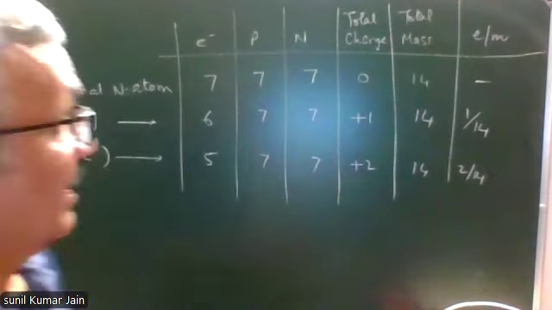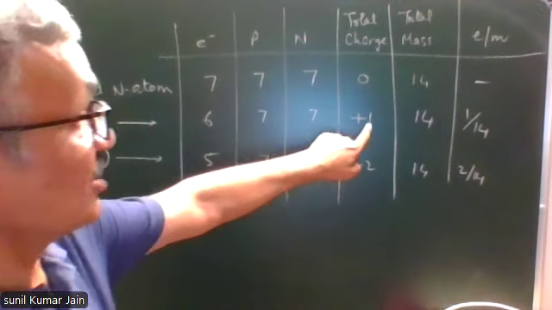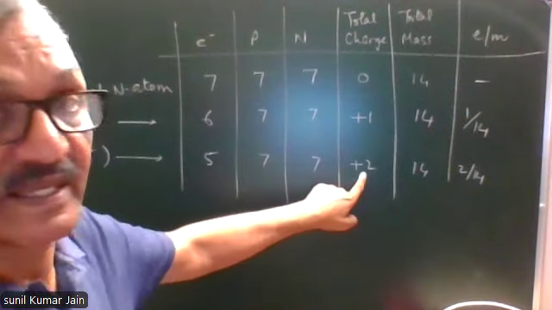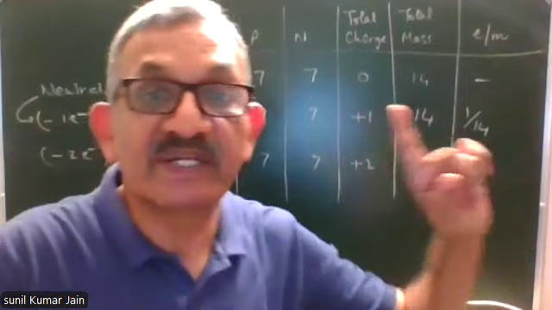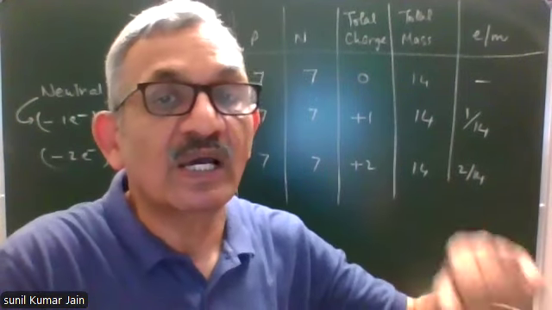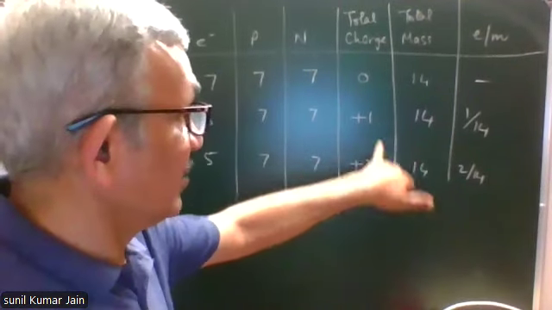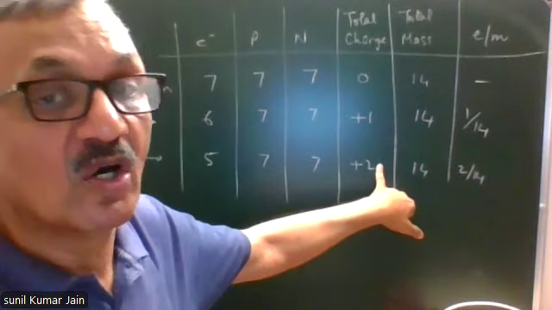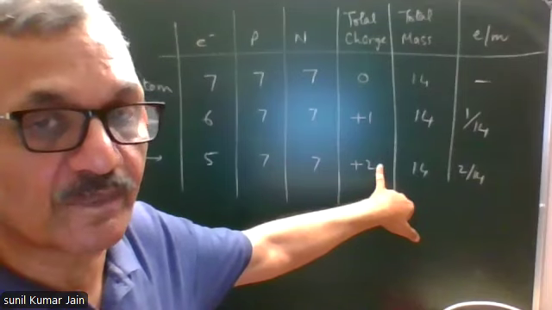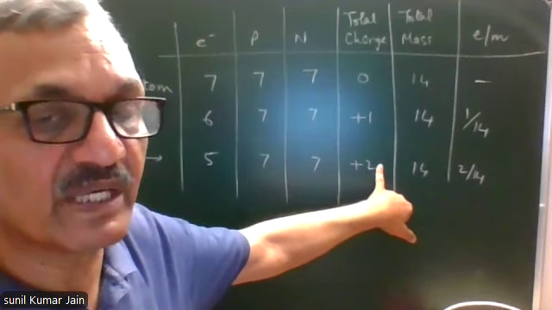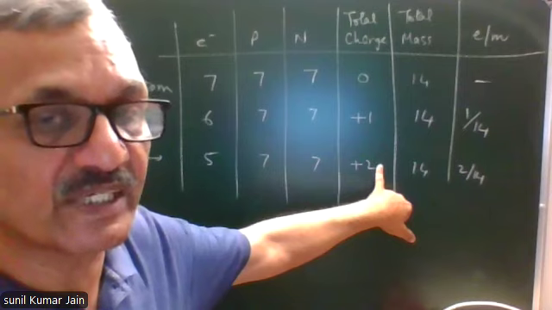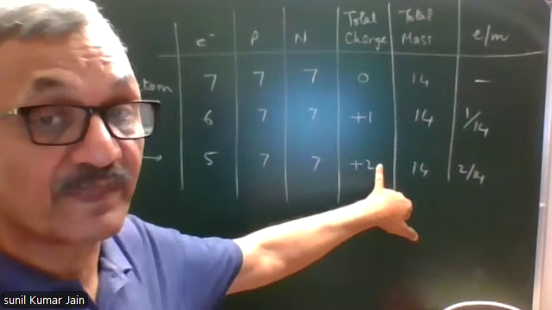It means, what is the charge on anode ray particles? That will be different depending on how many electrons have been knocked out. But this charge will be a whole number multiple of the charge on electron. I'll repeat, whole number multiple of the charge of an electron, but opposite nature.